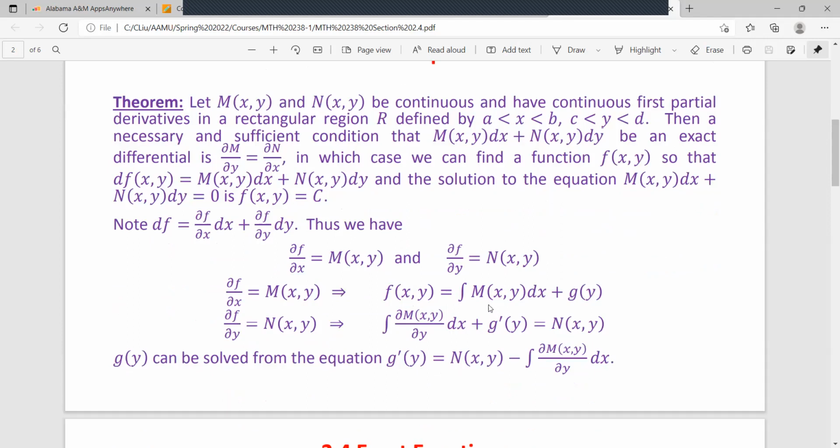So f will be the integral of M dx plus g of y, where g of y is determined from this equation. We're not going to repeat it. Then once we find the f, the solution to the differential equation will be f of x y equal to c.